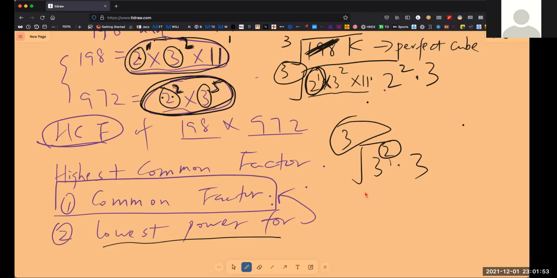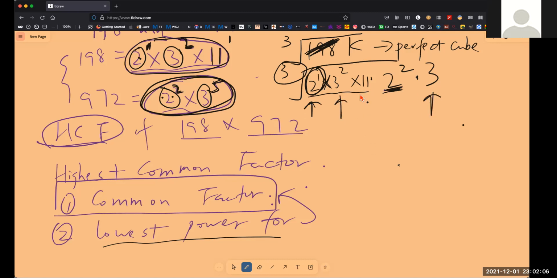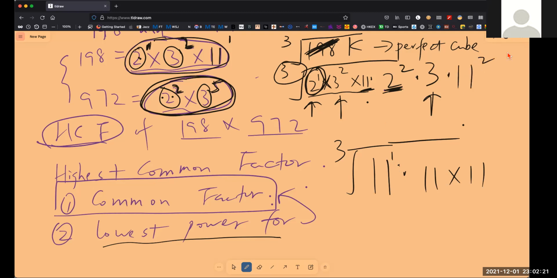Then again, you go and do the cube root of 11. I have done this one by adding this one. Now cube root 11: you cannot cube root 11. You need two more 11s to cube root this. So therefore you add 11 to the power of 2. So the k is actually this one.